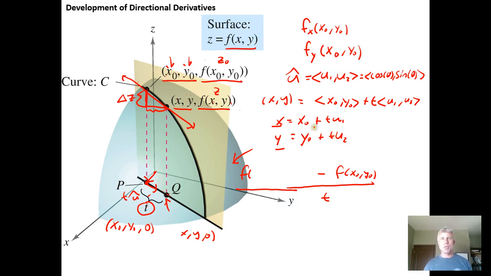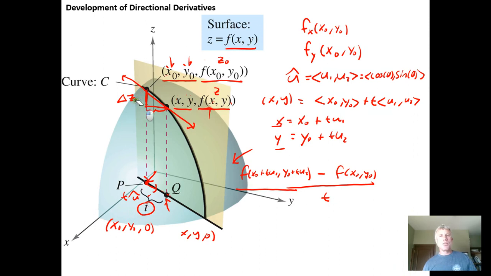And this difference between the two function outputs is your delta z. And that's going to give you the slope of the secant line between those 2 points.